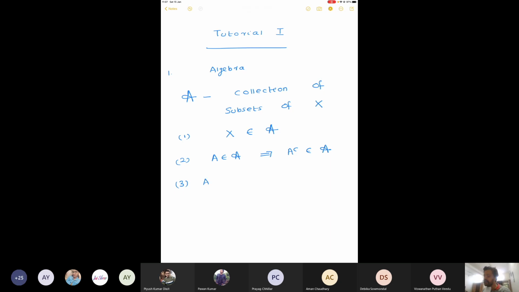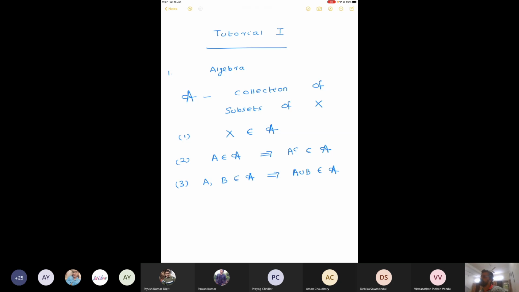For an algebra, we just demand A and B are in A implies A union B is in A. Whenever you have two elements in that collection, obviously elements will be sets, their union also should be in that collection. Okay.